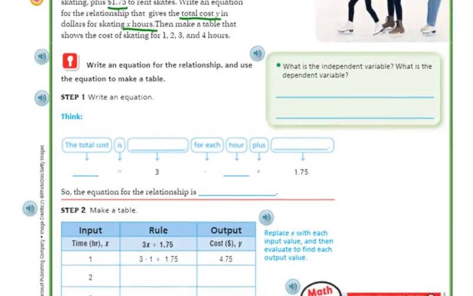We're going to read over here. What is the independent variable? What is the dependent variable? So if we look back, the time in hours is x, and the total cost is y.